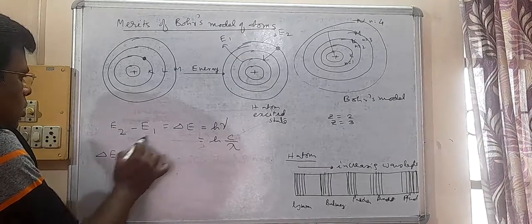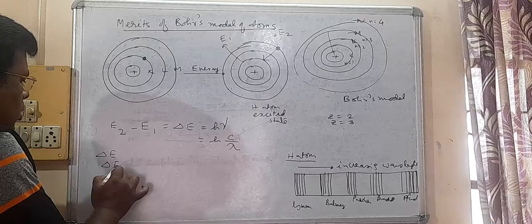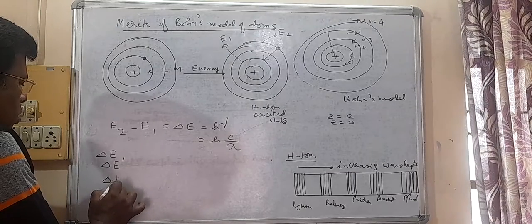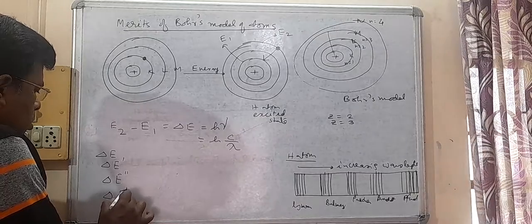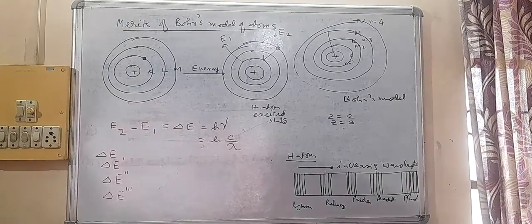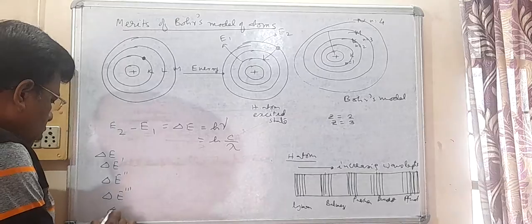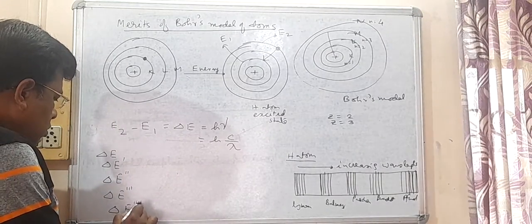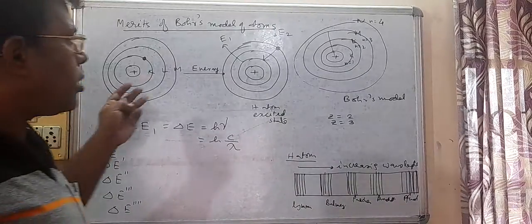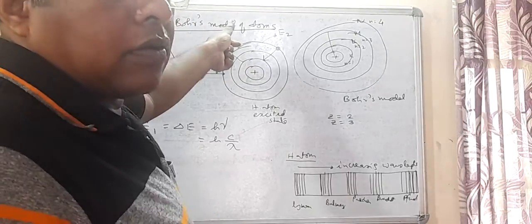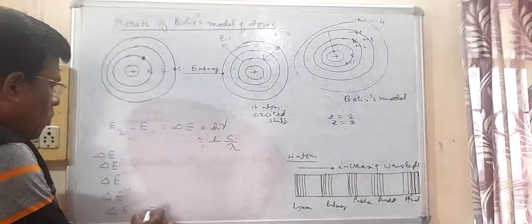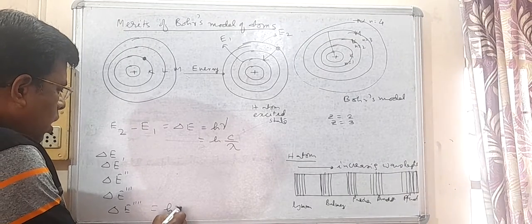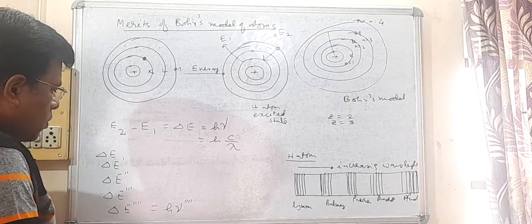Suppose delta E will become delta E dash, delta E double dash, delta E triple dash. So different energy will be involved, and if different energy is involved, obviously it will be h nu like this.